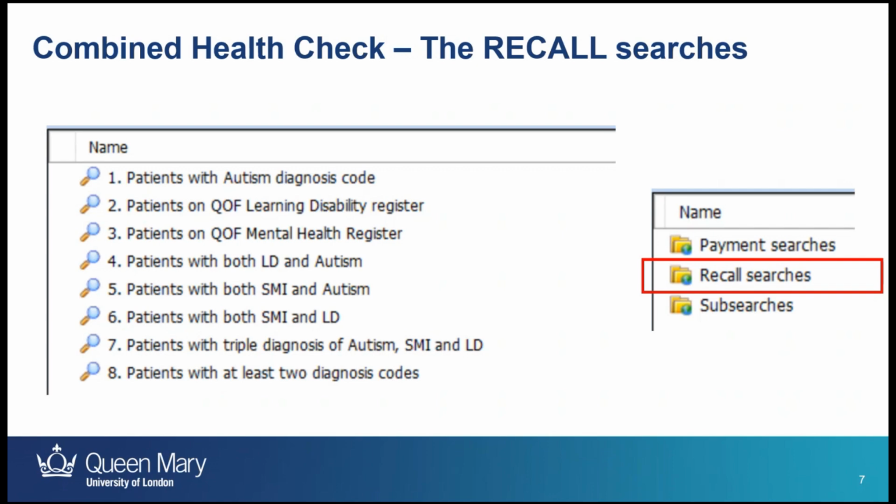Then patients on your QOF register. Then you've got patients with both LD and autism, or SMI and autism, or SMI and LD. Patients with triple diagnoses, and patients with at least 2 of the diagnoses. So they would be in search number 4, number 5, or number 6. These searches would be the ones that you would use to recall your patients.